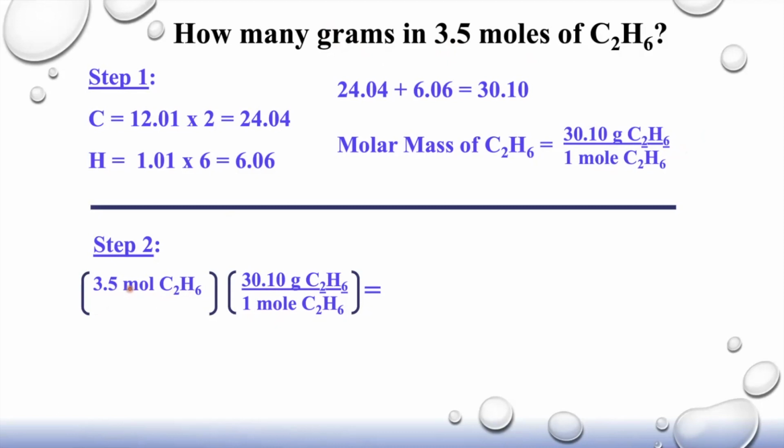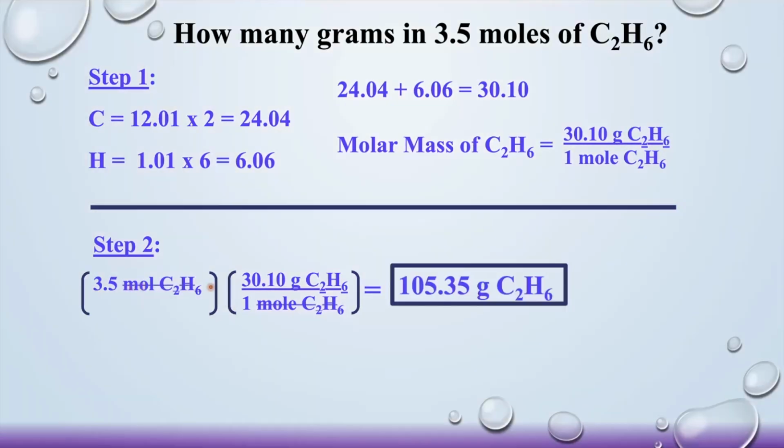Then we cancel out the moles label. We're left with the grams label. 3.5 times 30.10 is going to be 105.35 grams of C2H6. Notice how I boxed my final answer. That will be the expectation as I'm grading your work.